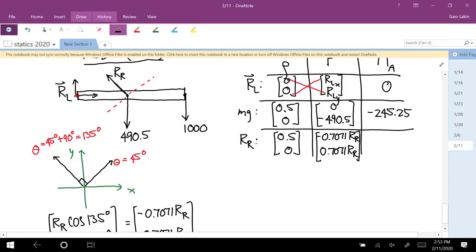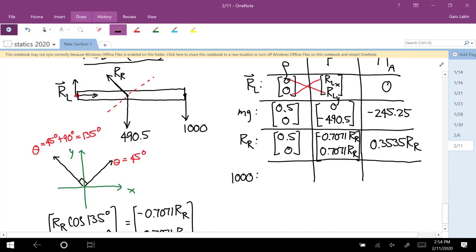And now the cross product is positive 0.3535 RR. And then the last one is the 1,000 Newton force.